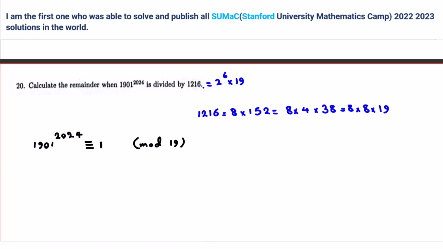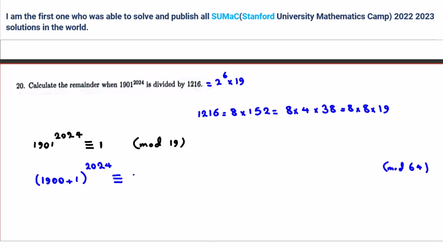There are lots of ways. One way is this. Do you agree we can write 1900 plus 1 to the 2024? So if you apply the binomial theorem or binomial expansion, then I think a few terms will be left. All other terms will be 0 mod 64, and you can find this.